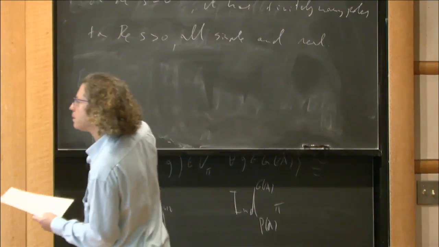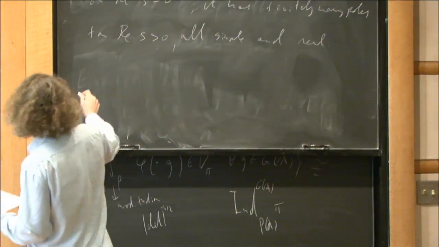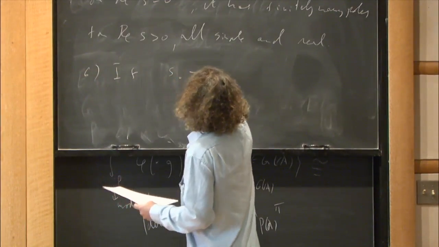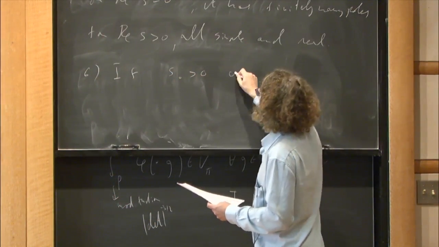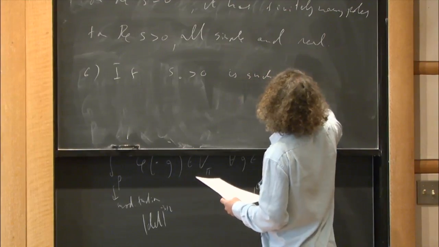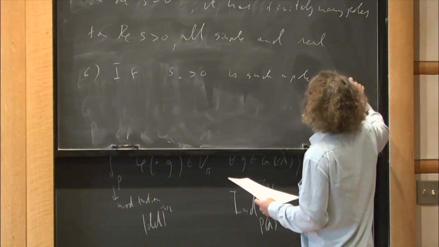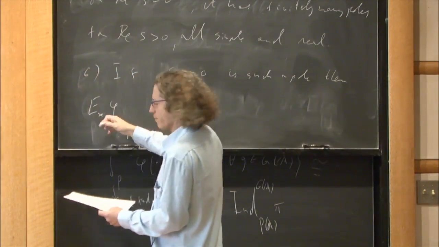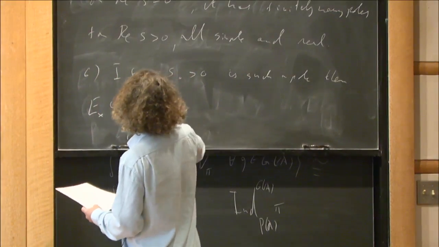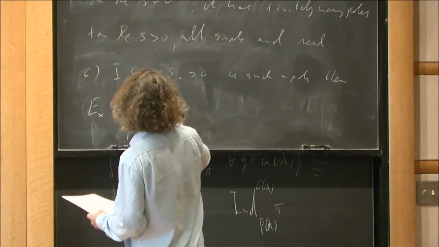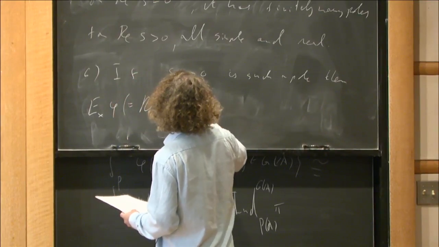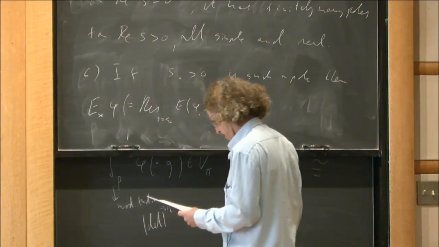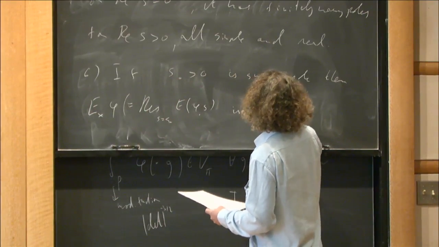And finally, the fifth point. If you have such a pole, then the residue, which I would denote sometimes by star if S naught is clear from the context, is an irreducible automorphic form.